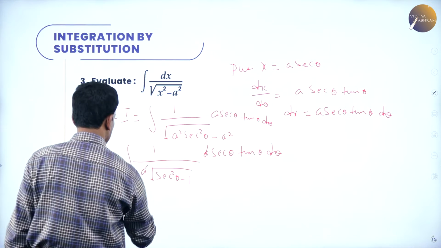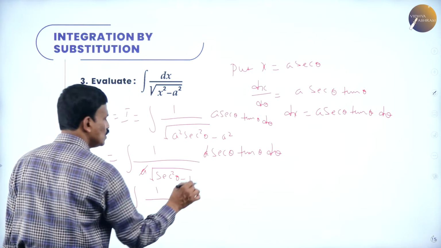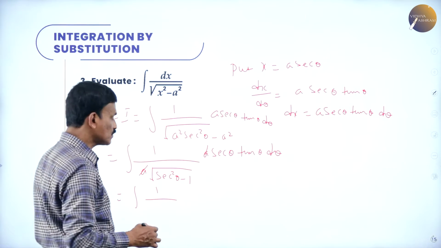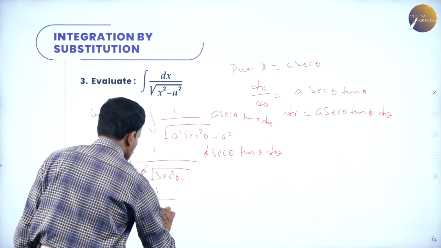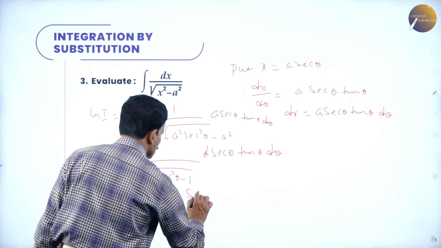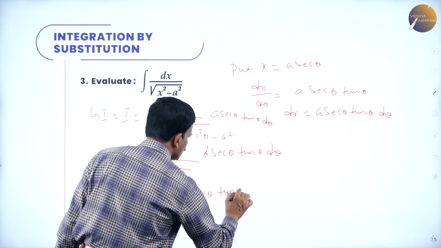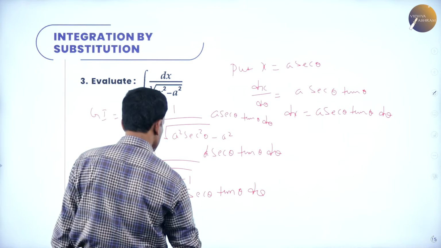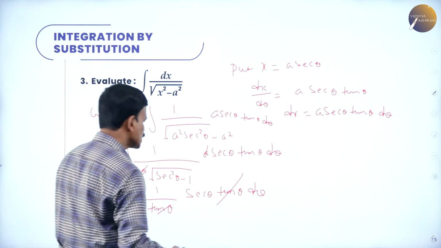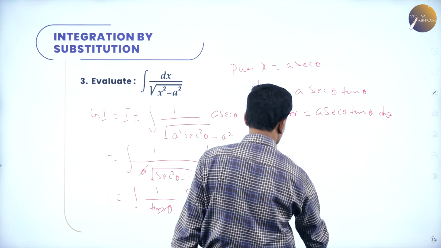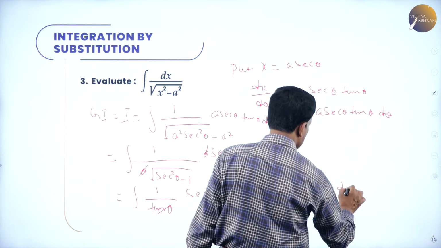So this a and a gets cancelled. Integral 1 over root of secant square theta minus 1 is root tan square, square root gets cancelled, tan theta, into secant theta tan theta d theta. What happens here? Tan and tan gets cancelled. What is left over is only secant theta into d theta.